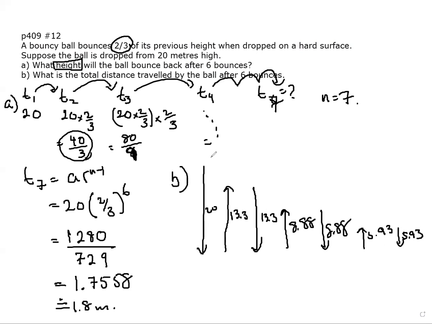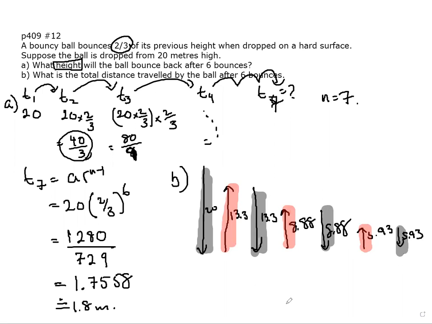So if we were to simply do a geometric series, it would be 20 plus 13 plus 8.8 plus 5.8, and then all the down arrows are what we'll be adding. But once we do that, you need to also consider there is another geometric series that I need to add up, all the up arrows 6 times, right? What is the total distance traveled by the ball after 6 bounces?